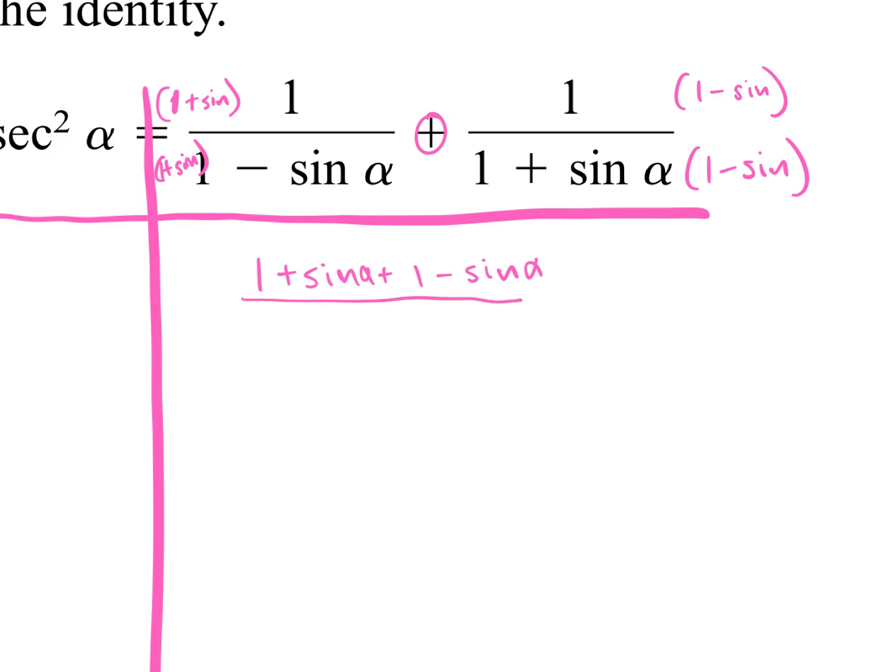And then on the bottom, we can multiply the bottoms together. 1 plus sine times 1 minus sine. These are conjugates, so we can do our conjugate shortcut. A squared minus b squared. If you forget your conjugate shortcut, just FOIL it out. Our a would be 1, so 1 squared is 1. Minus b is sine, so sine squared.